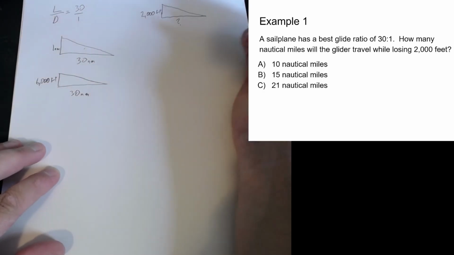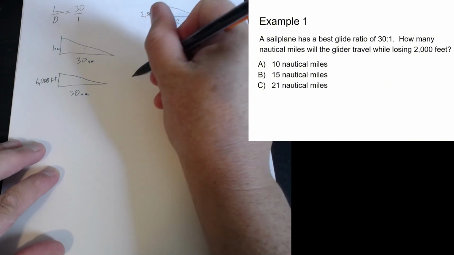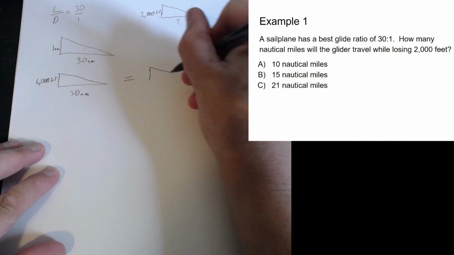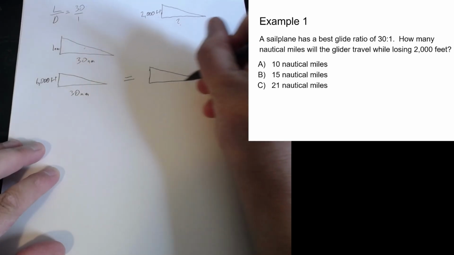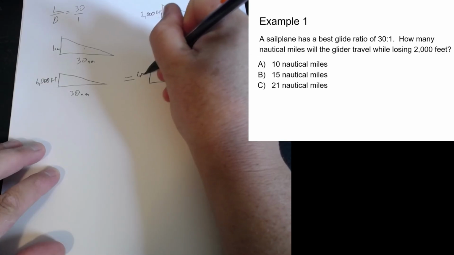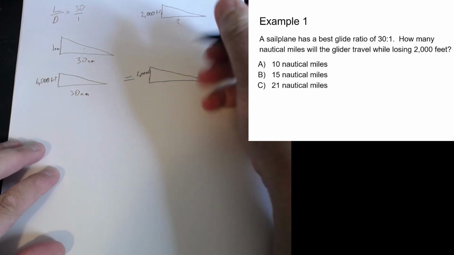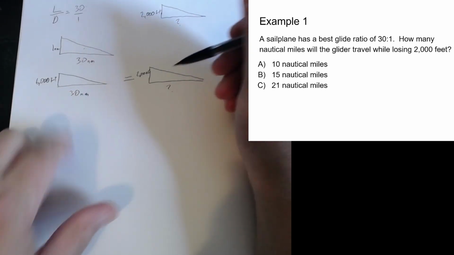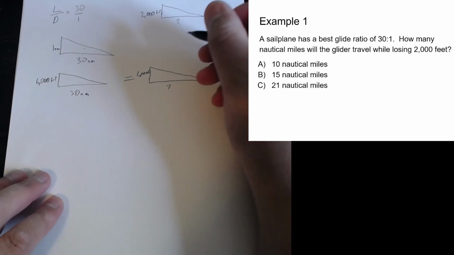And this triangle and this triangle are still exactly the same. This triangle on the left, which is our L over D triangle, is equal to this one, because the ratios are going to be the same no matter what.